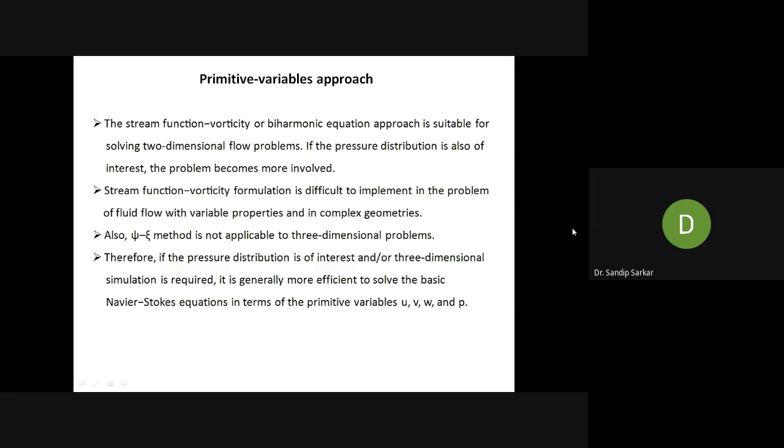So directly in this approach, velocities and pressure are solved. This is the method that is being employed for the solution of fluid flow problems.